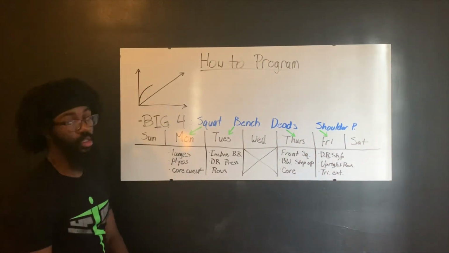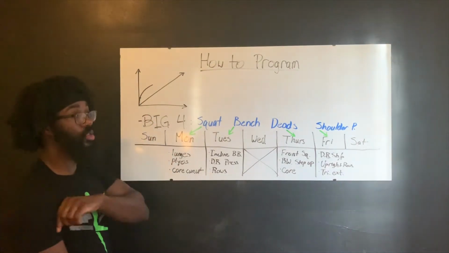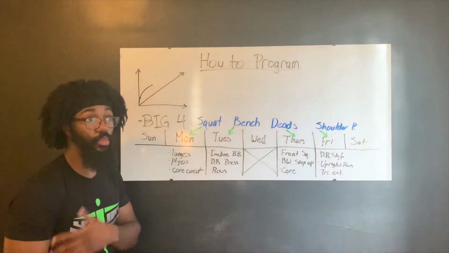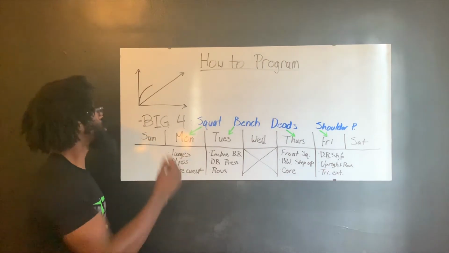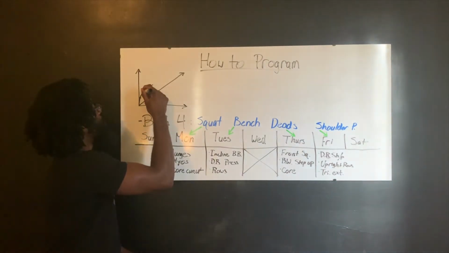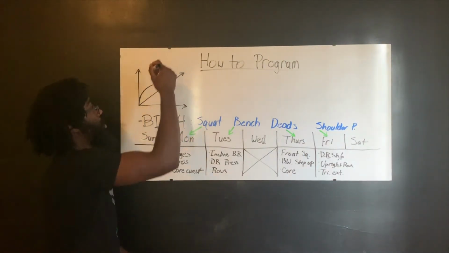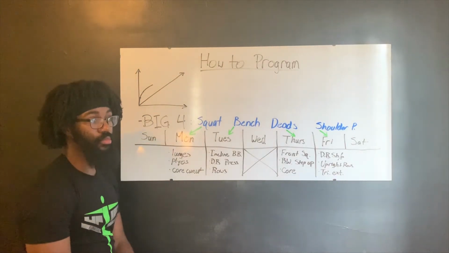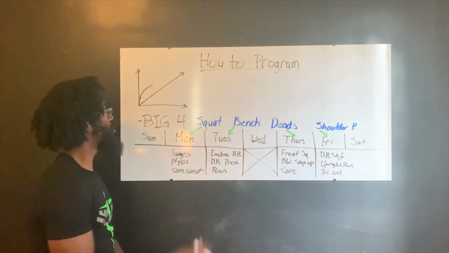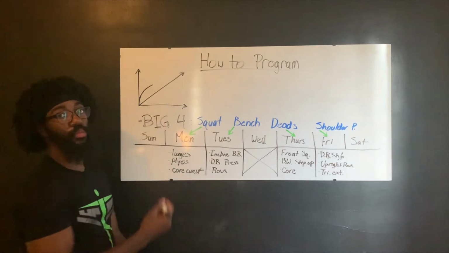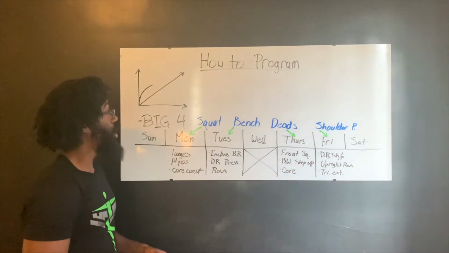Then the next week, I might be able to move up another 10 pounds again. So I'm up here. The next week, I can only add 5 pounds. So it's tapering a little bit, but I'm still progressing.